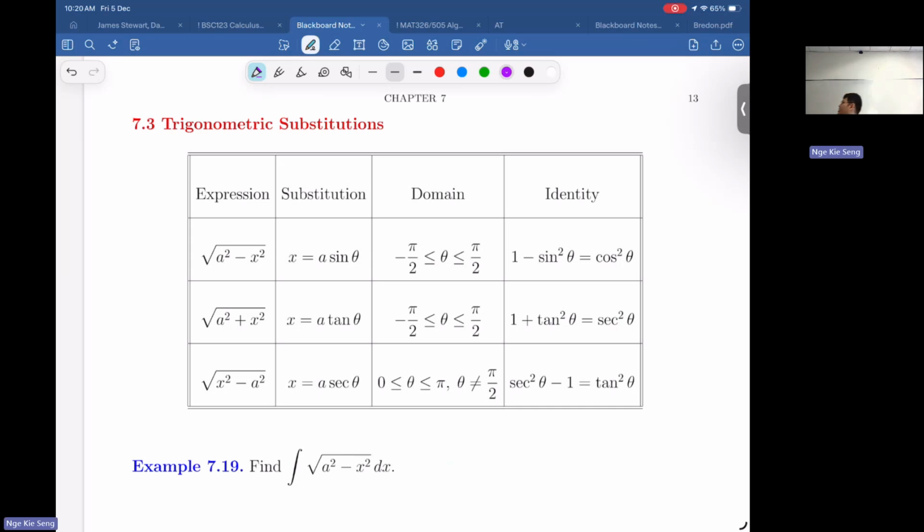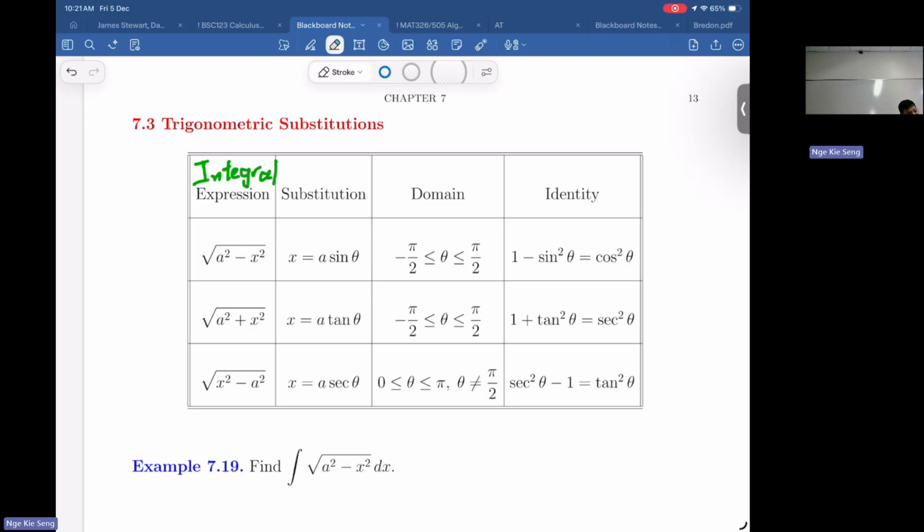So how to read this table here? First, the expression: what does it mean here? The expression here is the expression in the integrand. Meaning you want to integrate this kind of function: square root of difference of squares or sum of squares, another difference of squares.